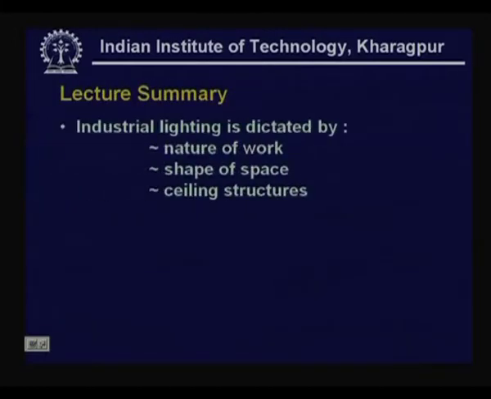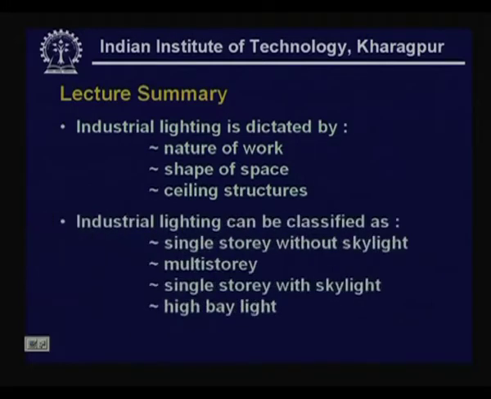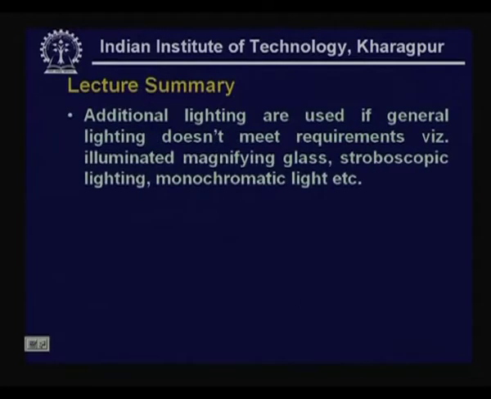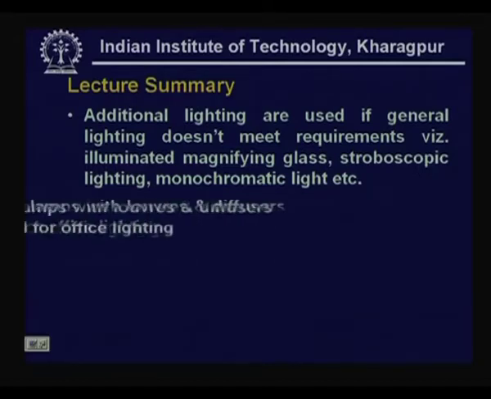So in total, the summary is: industrial lighting is dictated by the nature of work, shape of space, and the ceiling structure. It could be classified as single story without skylight, multi-story, single story with skylight, high bay light. Continuing with the summary, additional lighting is used if general lighting doesn't meet requirements, such as illuminating by magnifying glass, stroboscopic or monochromatic light.